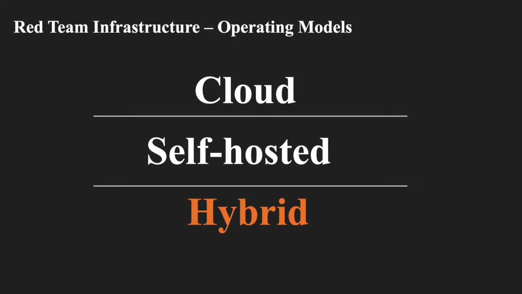Then we have the self-hosted model, where everything is the opposite of the cloud model. Everything is hosted on-site. And lastly, we have the hybrid model, where we have some critical servers in-house, and then we have some cloud redirectors for handling the traffic. We usually operate with the hybrid model, which is the one I'm going to present today.